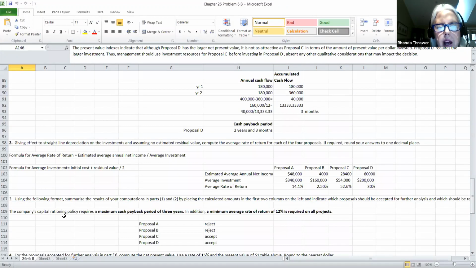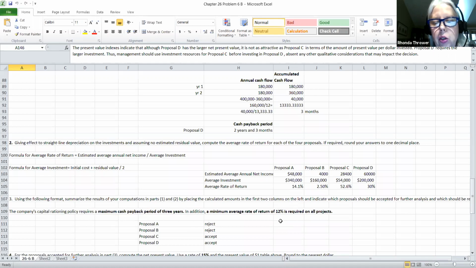The company's capital rationing policy requires a minimum cash payback of 3 years. So no more than 3 years can be the minimum amount of time in the cash payback period. The minimum average rate of return, which we calculated in part 2, has to be 12%.